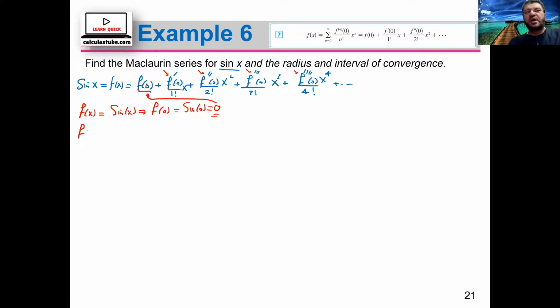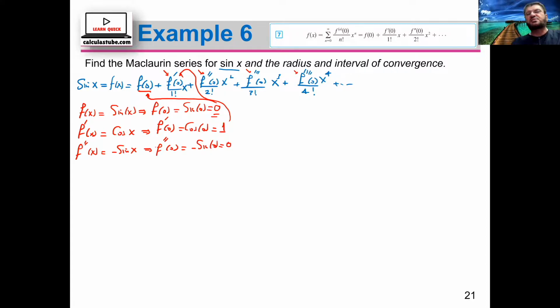Now this one represents the first value here. Now f prime of x, the derivative of sine is cosine x. Now let's put f prime at 0. What happens? It's cosine 0, and cosine 0 is 1. This is the second value, which goes all the way here. f double prime of x, the derivative of cosine is minus sine x. And this implies that f double prime at 0 is minus sine 0.